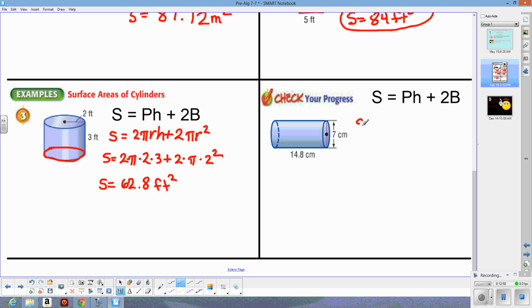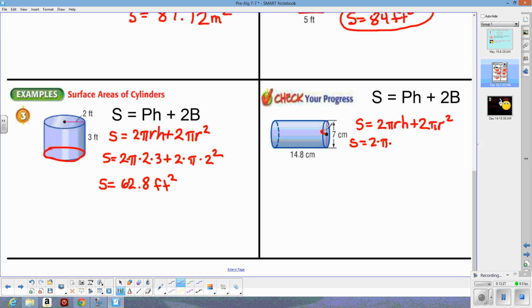So once again, the surface area is going to equal the perimeter of the circle, which is pi d or 2 pi r, times the height of the prism, plus 2 times the area of the base, and since the base is a circle, it's going to be pi r squared. Now plug in the numbers. Surface area equals 2 times pi times the radius.